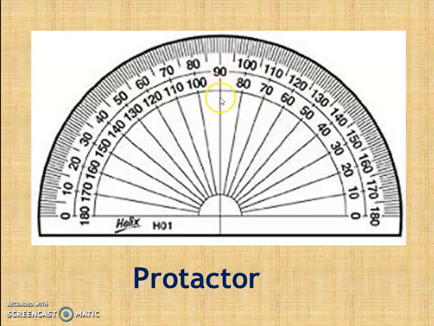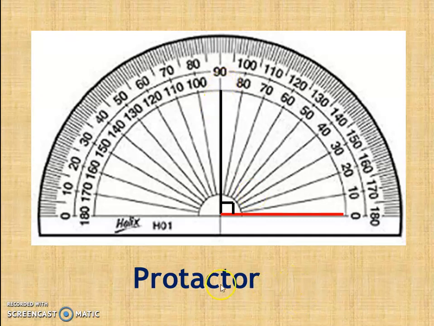It is 90, right? So I will draw a line like this and this one. So this angle is called a right angle, and the angle measures 90 degrees.